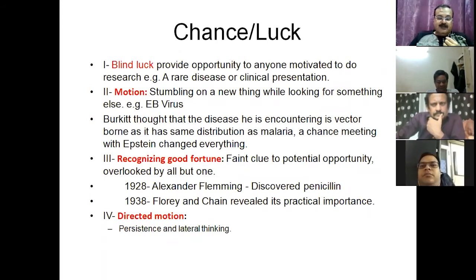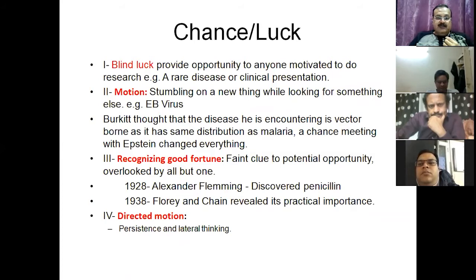Type 2 luck happens when you are looking for something else and you stumble onto something new. The example given here is the Epstein-Barr virus. Burkitt was working on malaria, and he encountered what is today known as Burkitt's lymphoma. He thought it was also a vector-borne disease, just like malaria.